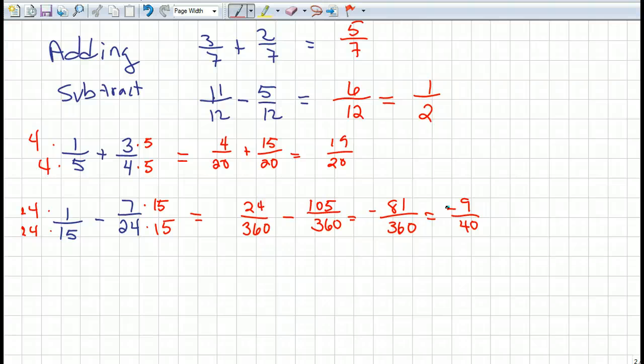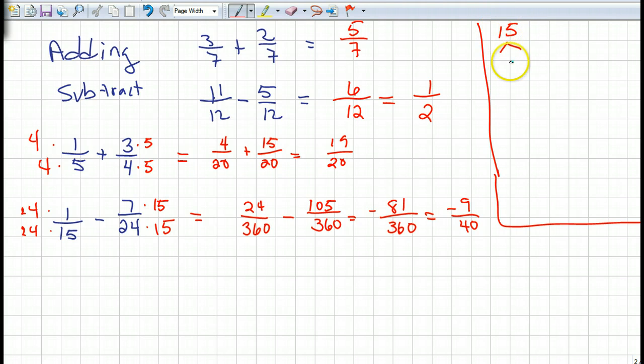All right. The other way that you could do this is by finding the least common multiple. So I'm going to take a little chunk out of the screen over here and do that. So if I'm looking at 15, my prime factorization of 15 is 3 and 5, correct?